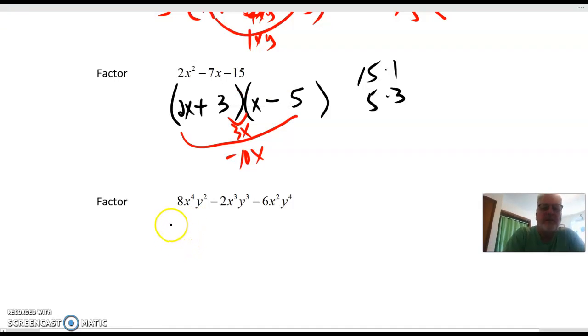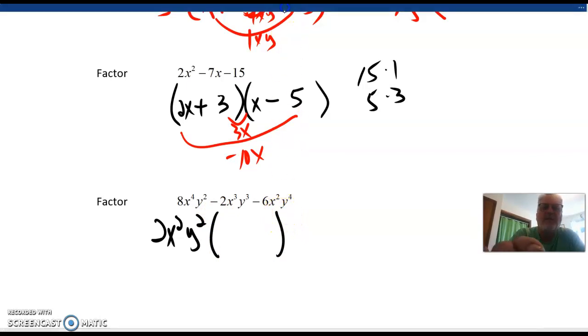Okay, so I'm going to factor out a 2x squared y squared. I've got about a minute left, guys, so if I run out of time, I'll pick it up on the next one.